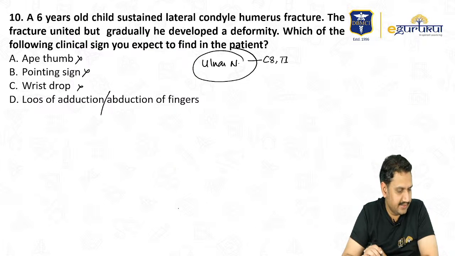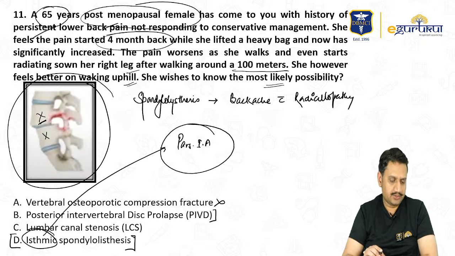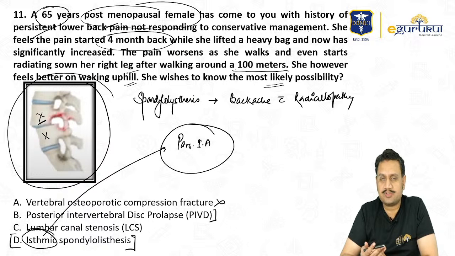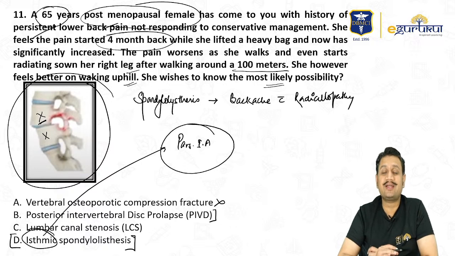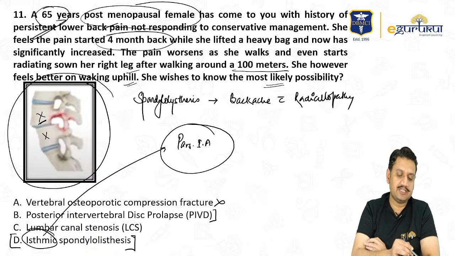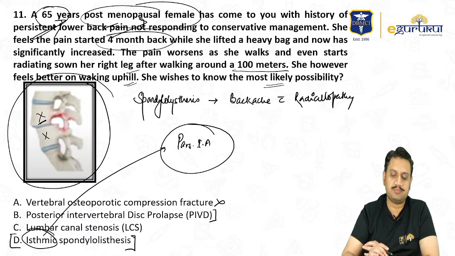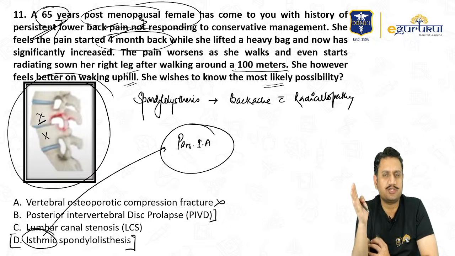So this was your question number 11, and the image given was most likely a listhesis. So don't get carried away by just the age or postmenopausal status, they're just trying to deviate your attention towards osteoporosis. That's not a good idea, right?